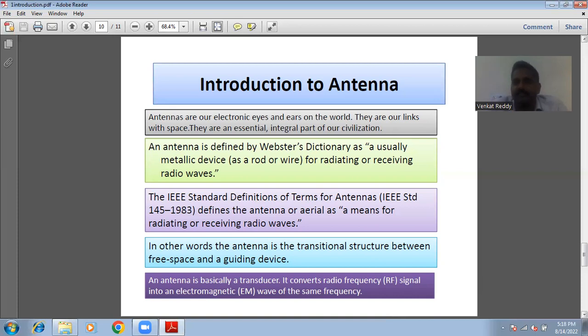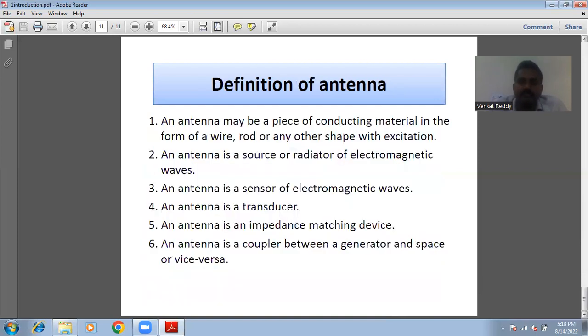It is a transitional structure between guiding medium and free space. It is a transducer which converts electrical quantities into electromagnetic waves. Definition of antenna: an antenna may be a piece of conducting material in the form of wire or any other shape with excitation. An antenna is a source or radiator of electromagnetic waves. An antenna is a sensor of electromagnetic waves. An antenna is a transducer. An antenna is an impedance matching device. An antenna is a coupler between a generator and space, and vice versa.